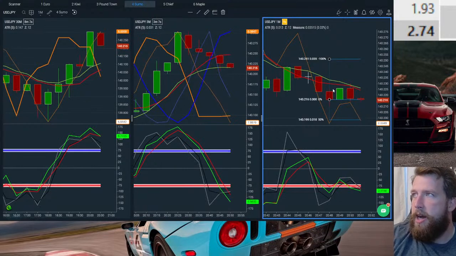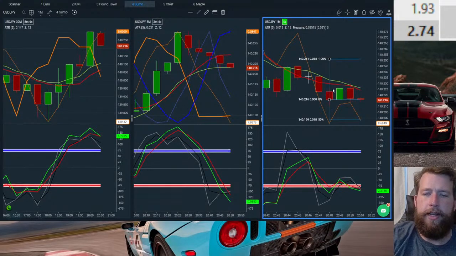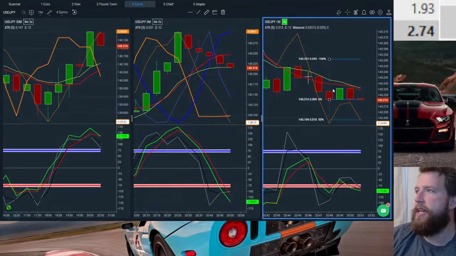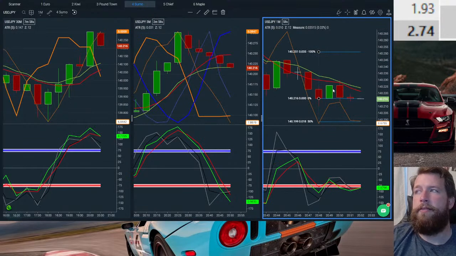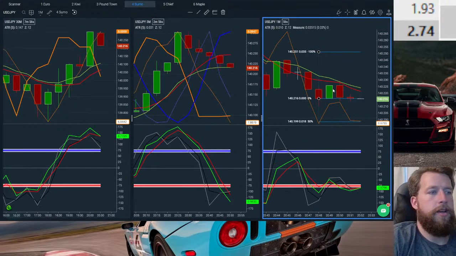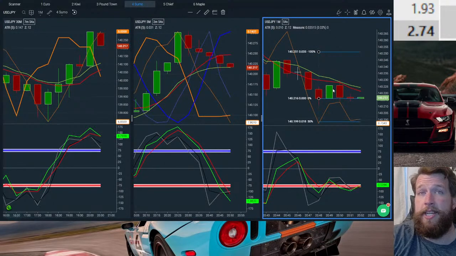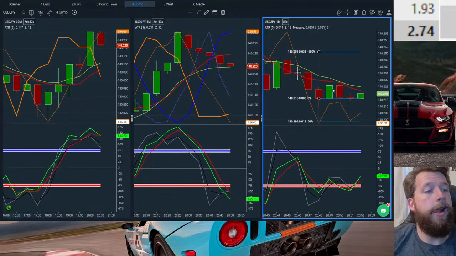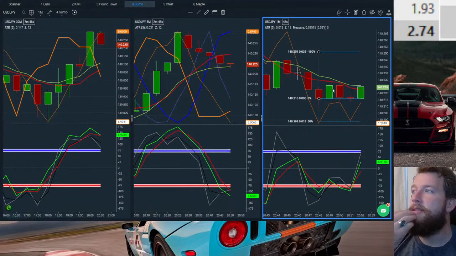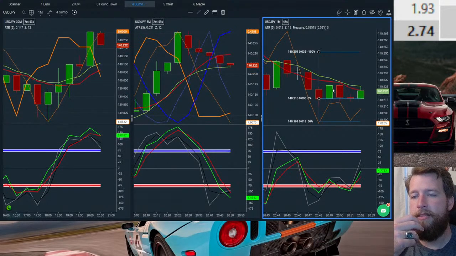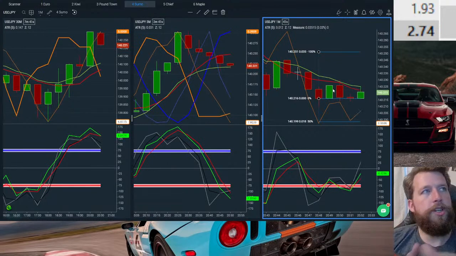My desktop background picture is a GT 350. And then I have the new Ford GT on my other screen. So yeah, I don't know, I just like Mustangs and the Ford GT.